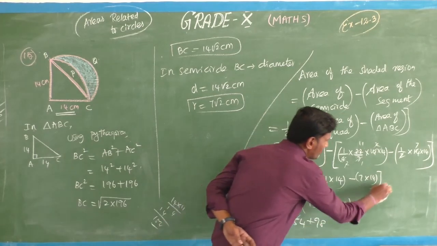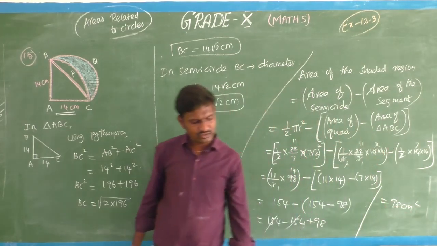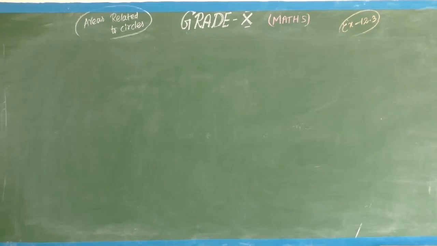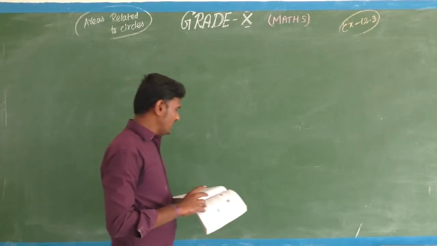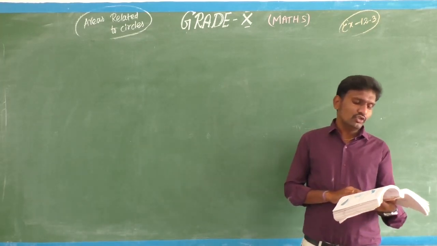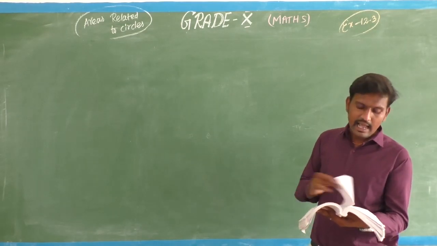So 154 and 154 cancel. The final answer is 98 centimeters square. So what is your final answer? 98 centimeters square. So students, in this exercise 12.3 we completed all the questions except two questions, question number 6 and question number 8.